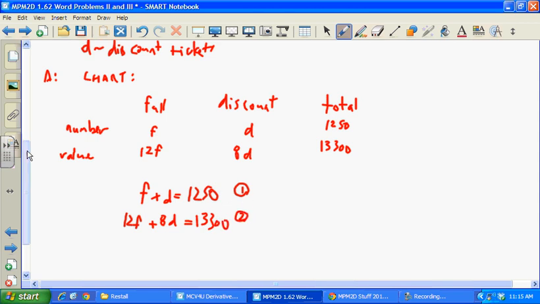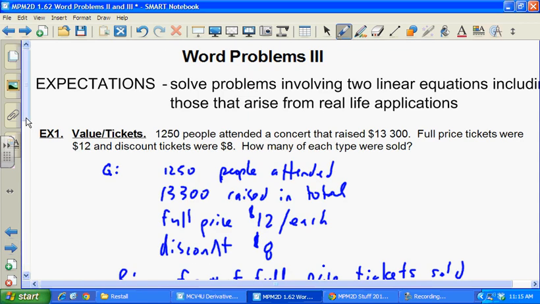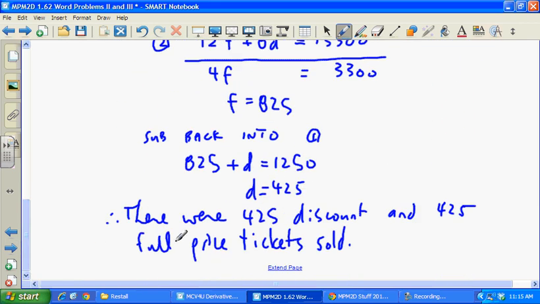I'm not going to finish solving these because we want to get through these examples sometime today. You can print this off or check it later, this will be on the Facebook group, and there's the entire solution there, okay? We see the final answer is there were 425 discount tickets and 825 full price tickets, but I must have made an error there, 825.